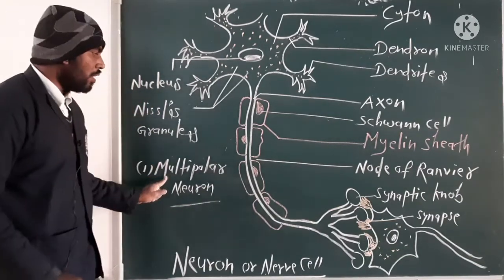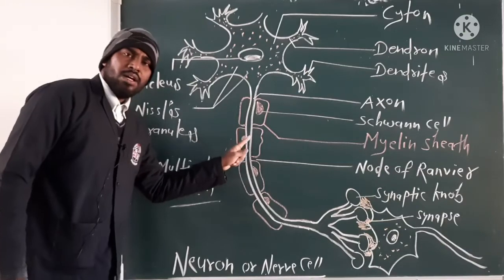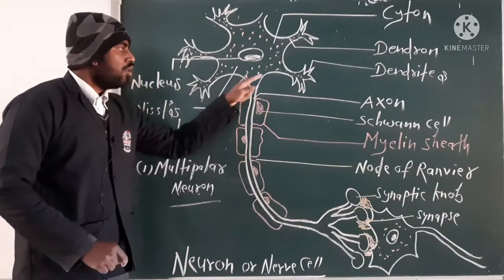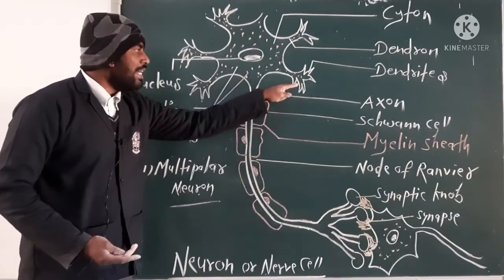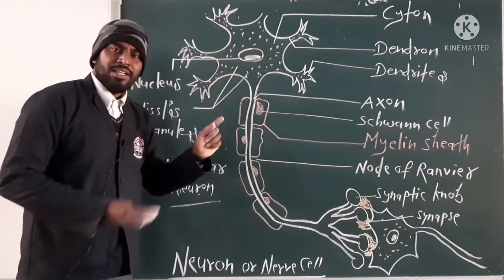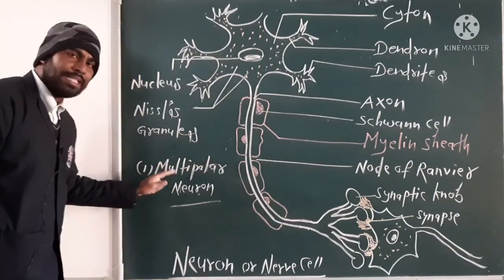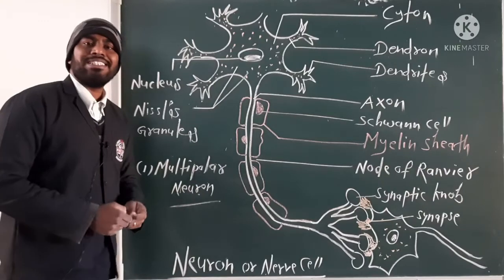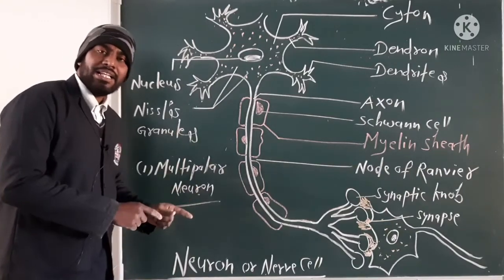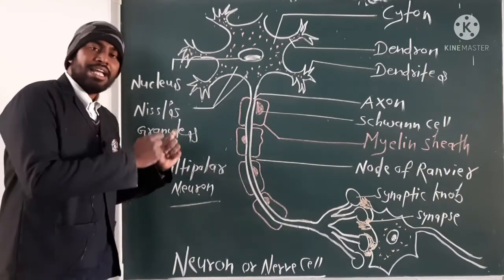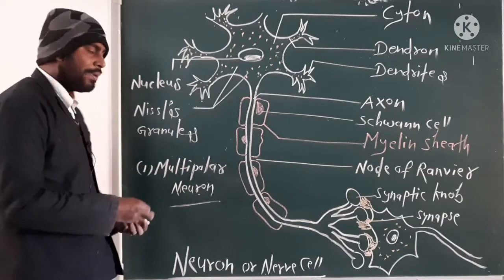The type of neuron in which there is one axon and two or more dendrites present. That particular neuron is called a multipolar neuron. Such neurons are present in the cranial area, that means in our human brain, as well as in the spinal cord, beta.